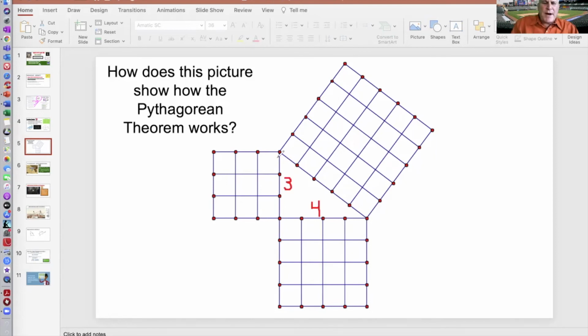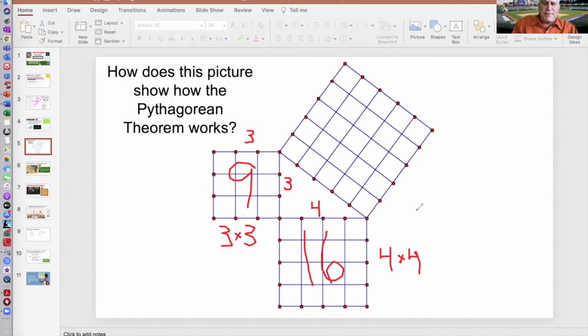We square 3. 3 times 3 equals 9. Notice the area of a square that's 3 by 3. That's what happens when you take 3 times 3. You get 9 squares there. This down here, if you square 4, you get an area of 16. That's 4 times 4.